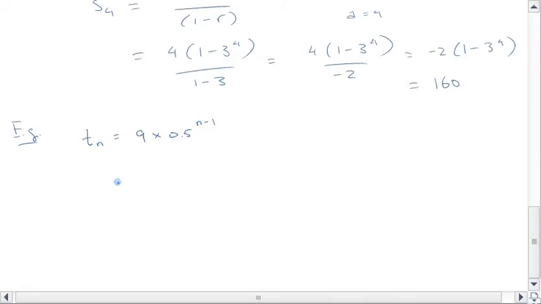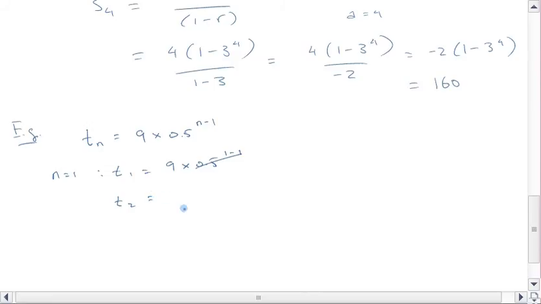So what would this sequence actually look like? Well, the first term, when n is equal to 1, gives us T1 is equal to 9 times 0.5 to the power of 1 minus 1. So this whole thing is just going to be 1, right? Because the exponent is 0, and any number to the power of 0 is 1. So that first term is 9.